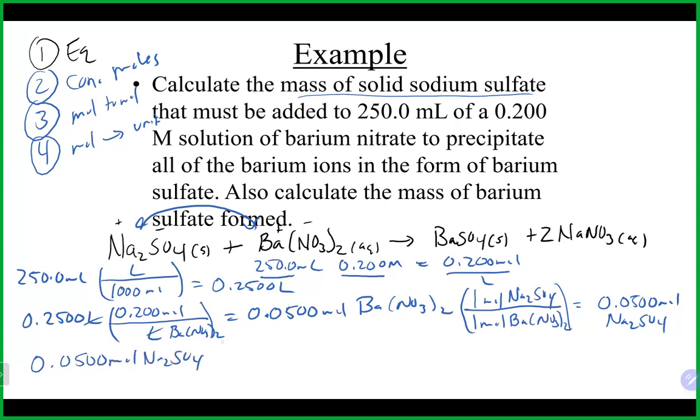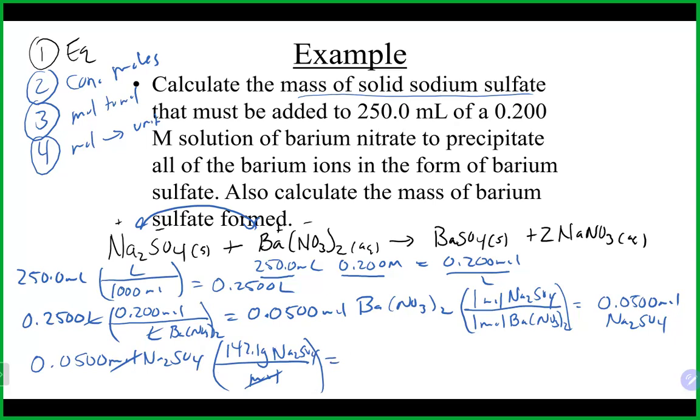And once again, we want moles to cancel, so grams are going to go up on top. 142.1 from the periodic table. Moles will cancel. And in this case, as you can see at the end here, we just use molar mass like normal.